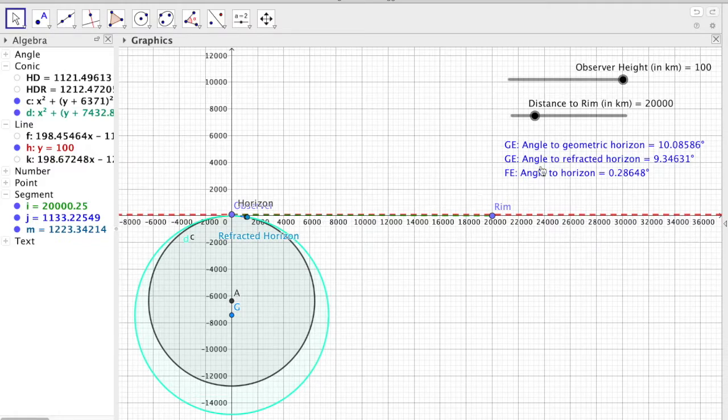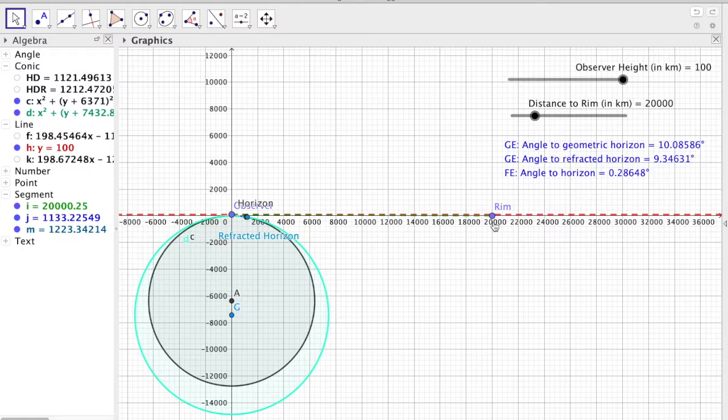But let's look at the flat Earth case first, because here we have this point, which is the rim or the edge of the world, if you believe in a flat Earth, or the ice wall or something like that. And on the globe, that would be the South Pole.